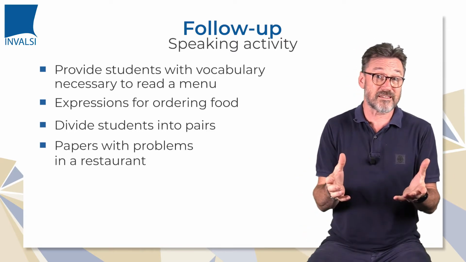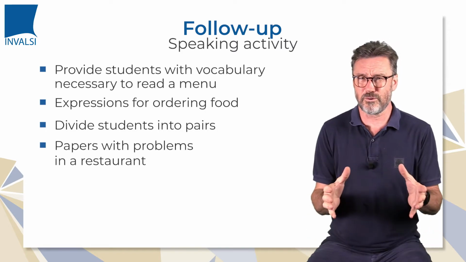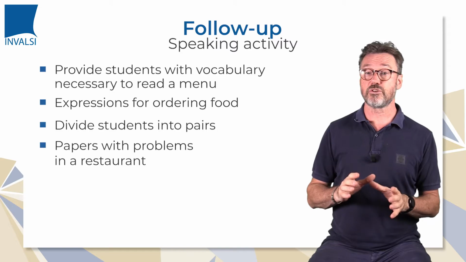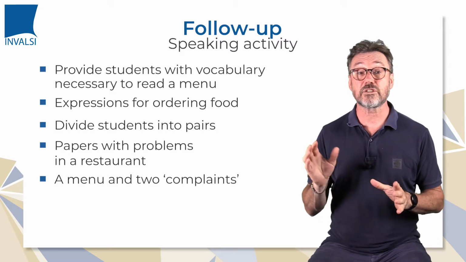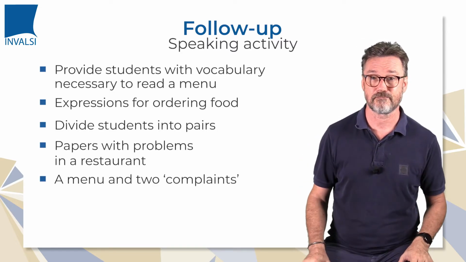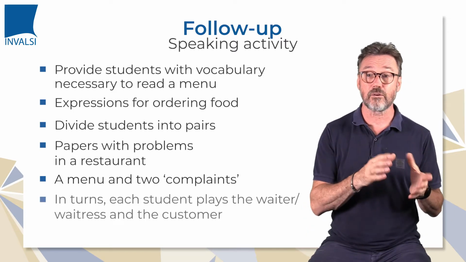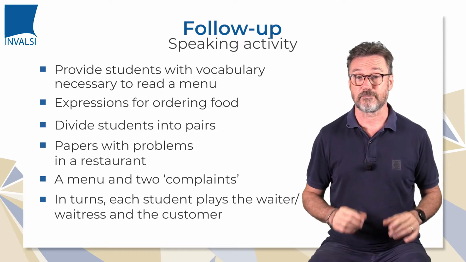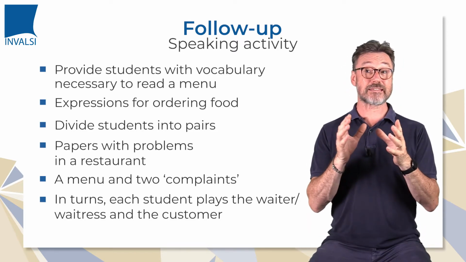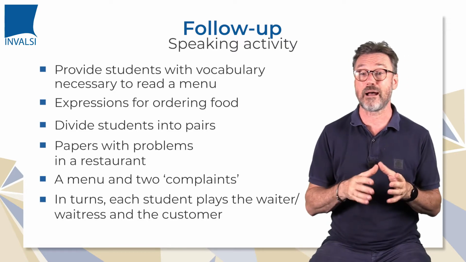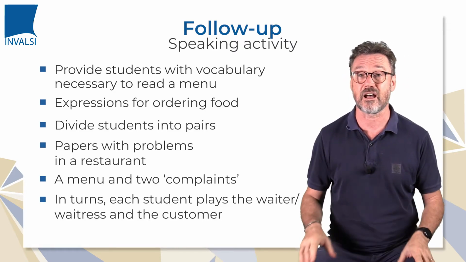Your glass is not clean. Your food is cold. Give each pair of students a menu and at least 2 complaints. In turns, each student plays the waiter or waitress and the customer, and they have to act out dialogues ordering food and complaining about the problems they've been assigned.